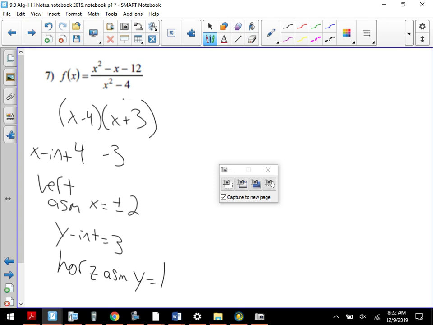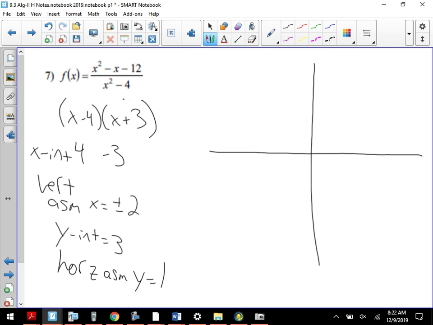If you had to rough sketch just that, without ordered pairs, it's really simple. Intercepts at -3, positive 4. Asymptotes at 2, -2. Y-intercept at 3, horizontal asymptote.